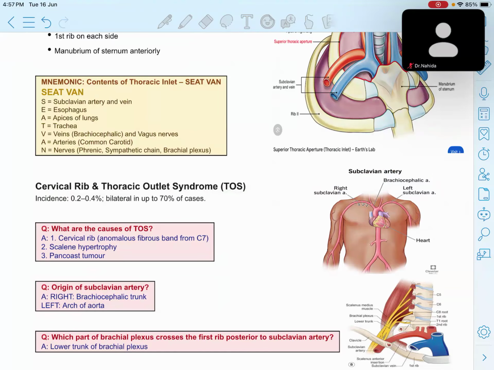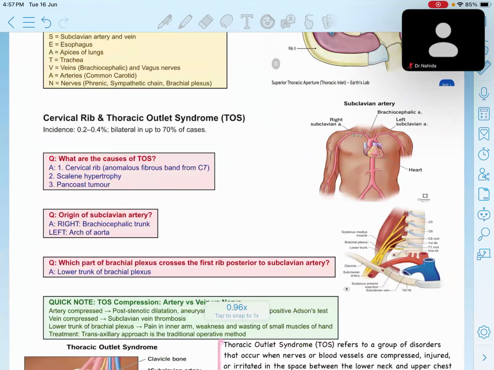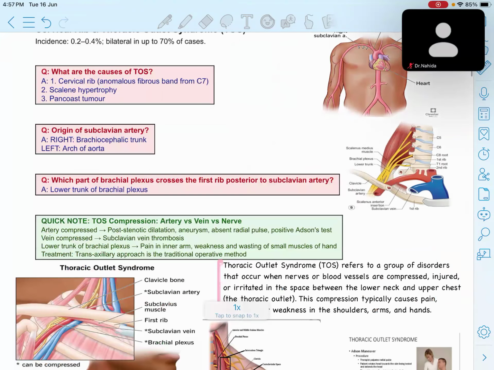Okay, thoracic outlet syndrome refers to a group of disorders that occurs when nerves or blood vessels are compressed, injured or irritated in the space between the lower neck and upper chest. Blood vessels here are subclavian artery and subclavian vein, and nerves here is lower trunk of brachial plexus. So there will be symptoms like numbness or weakness in the shoulder, arms, and hands.